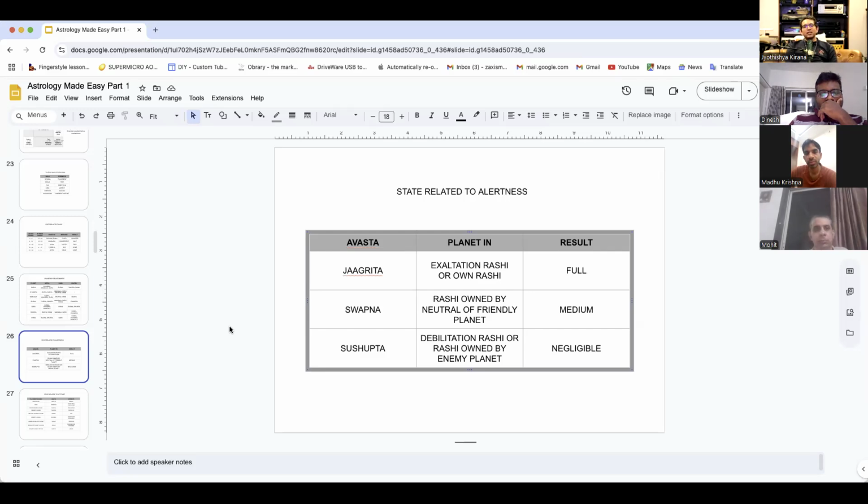Quite possible that in some aspect of life it is in Sushupta avastha, in some aspect of life it is in Jagrata avastha. You cannot understand that from the natal chart. It's impossible. You have to go to the divisional charts. In the divisional chart, you can check what avastha that graha is in. That will tell you a lot.